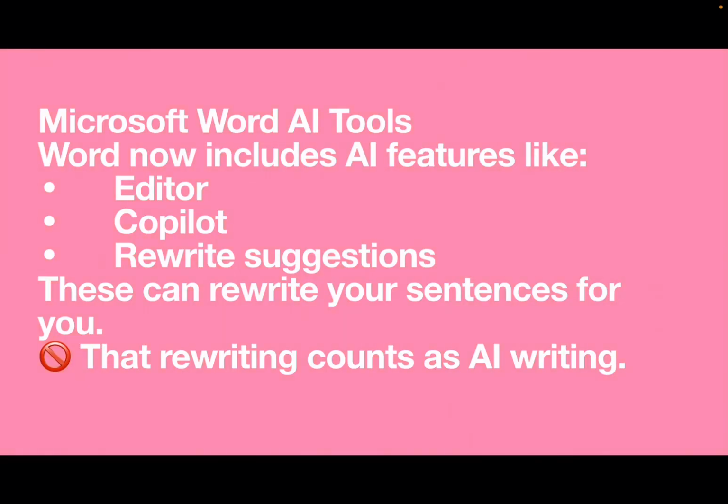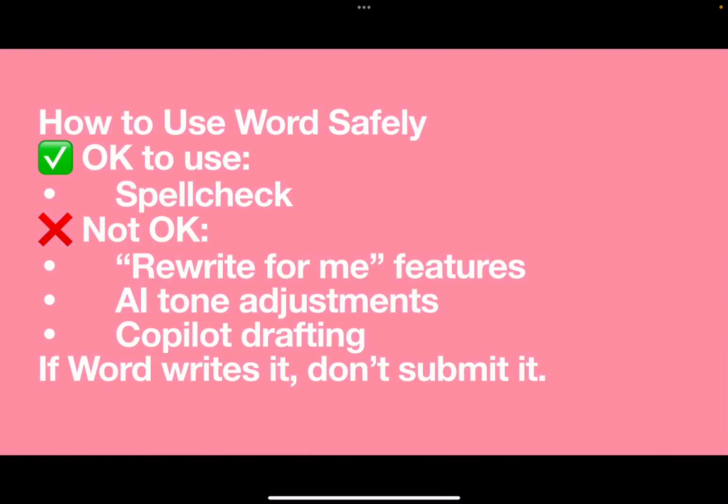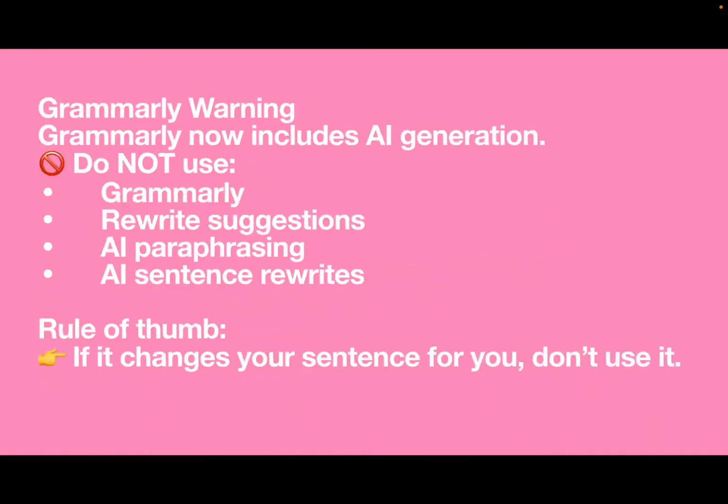So using Editor or Copilot to rewrite sentences and change the tone of your essay is using AI. It's like using a calculator when you've been told that you can't use a calculator. So to use Word, stick to either just using Copilot or Editor for spell check, or better yet, just ignore its suggestions. It's not okay to have it rewrite or change tone for you.